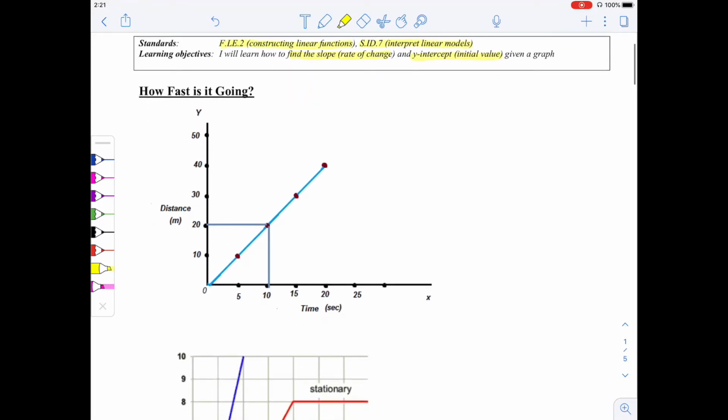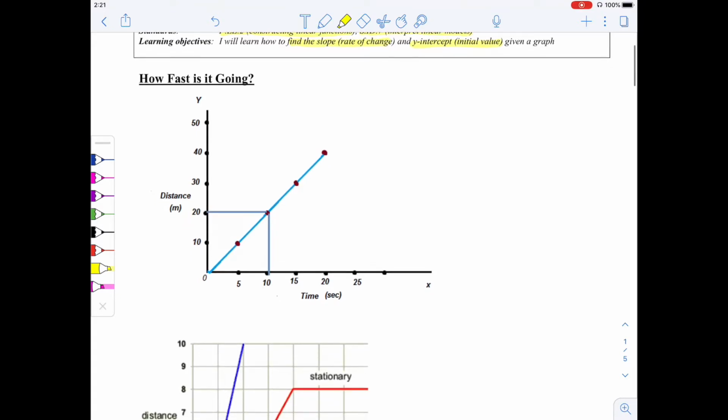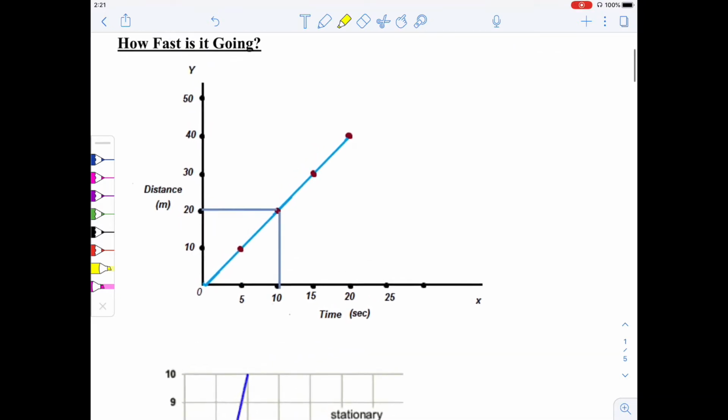So according to the first graph, how fast is it going? We're going to zoom in. So how fast is it going? If we're given distance in meters, time in seconds, so we calculate that, can we figure out how fast is it going?